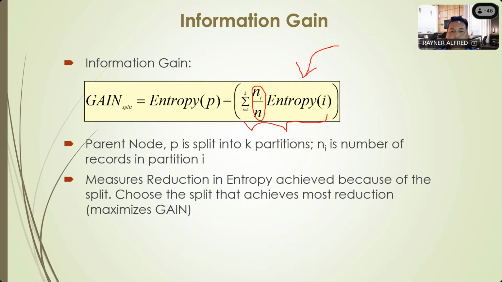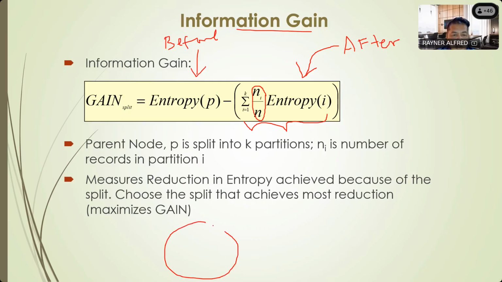This is after splitting, and this is before. The difference between before and after is considered the information gain. For instance, initially we have this.